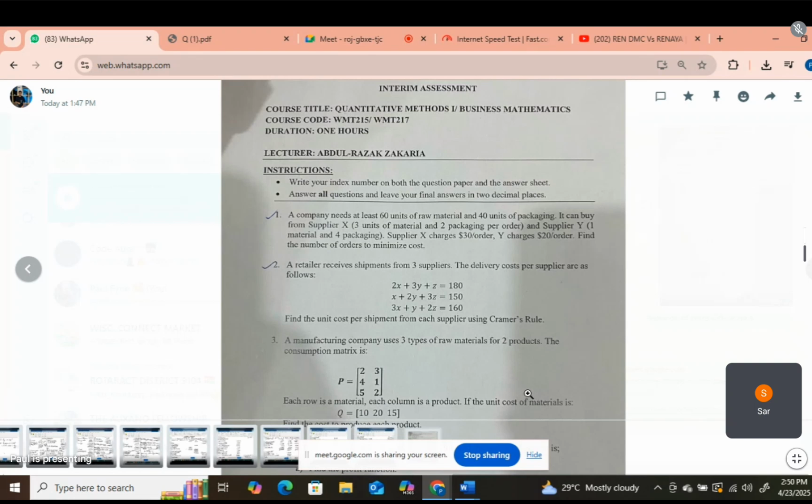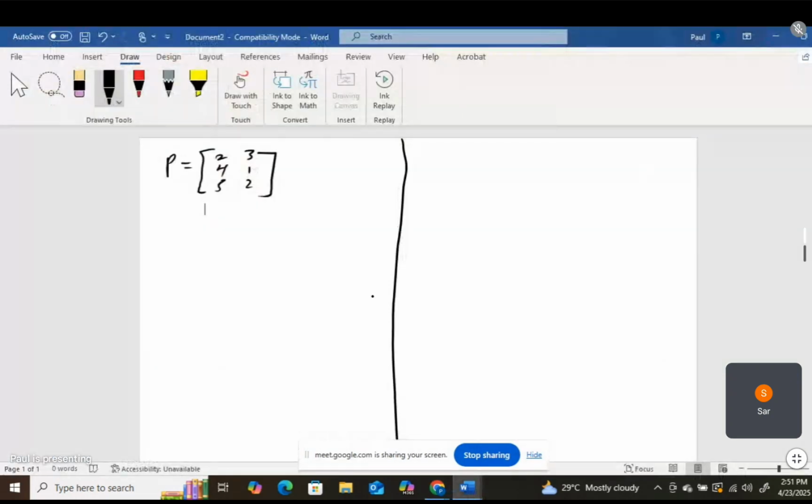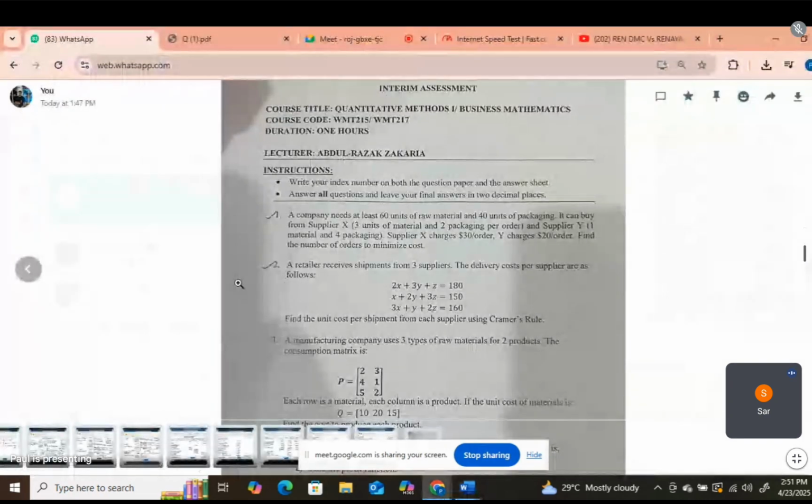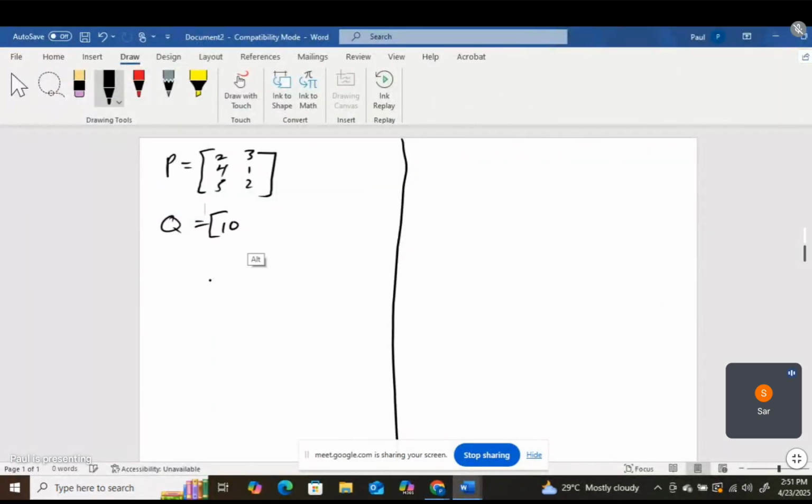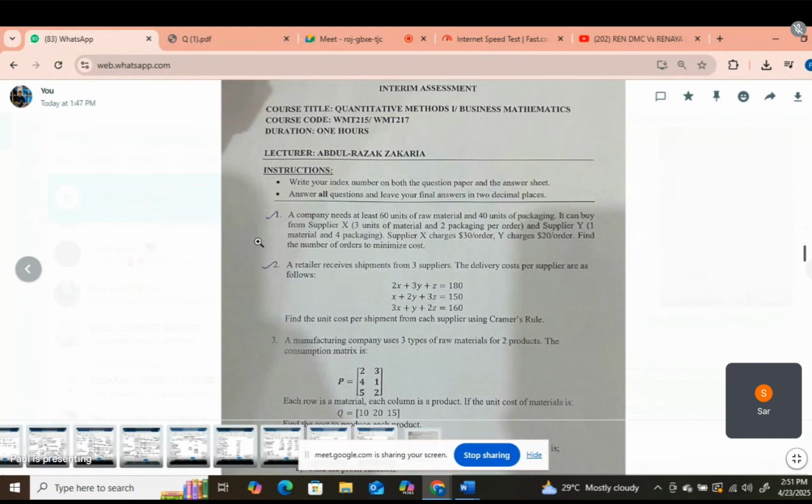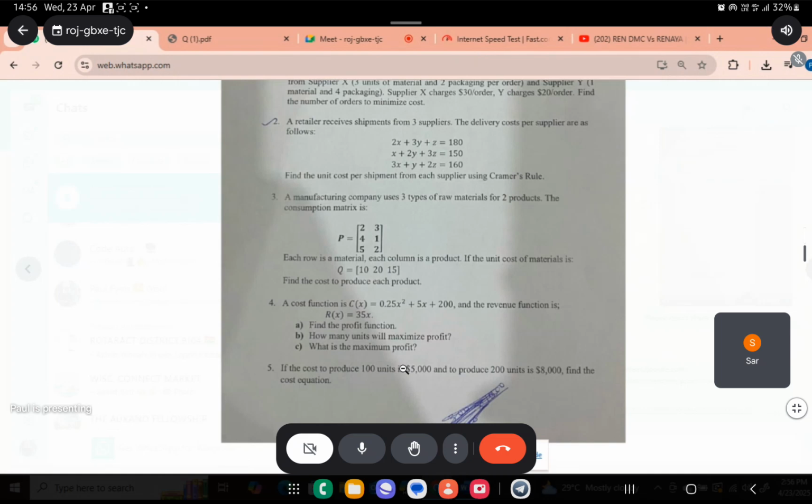If the unit cost of material is Q. Now the question is saying, where's my mouse?